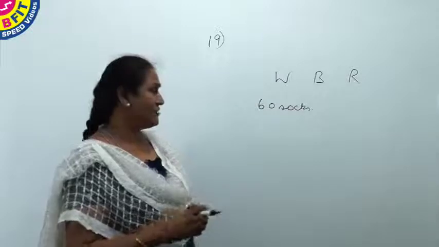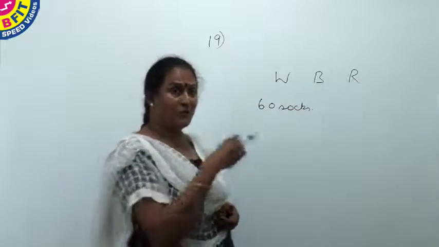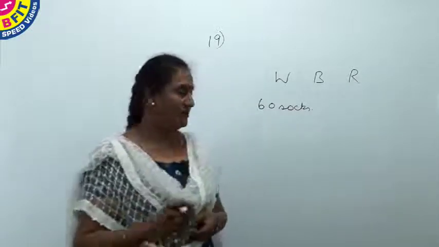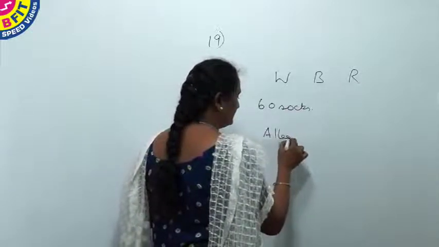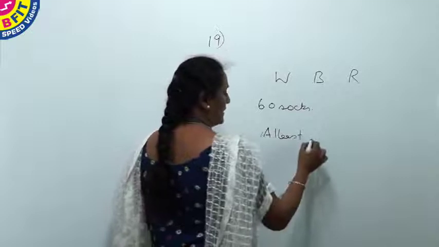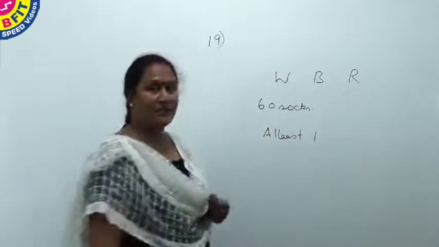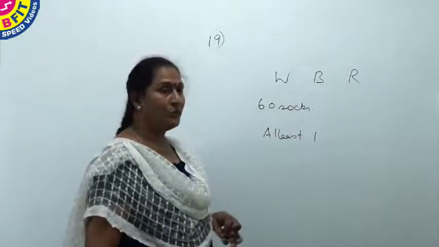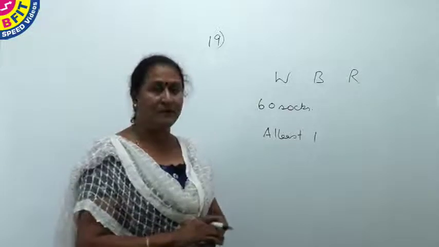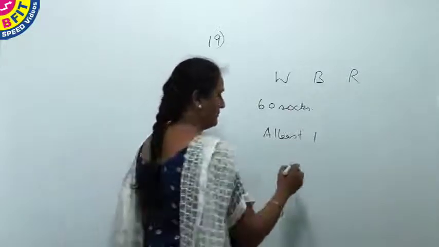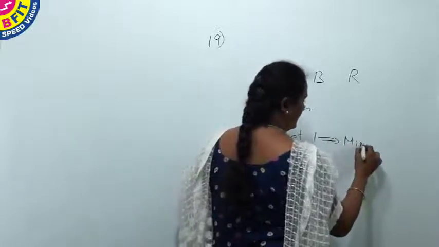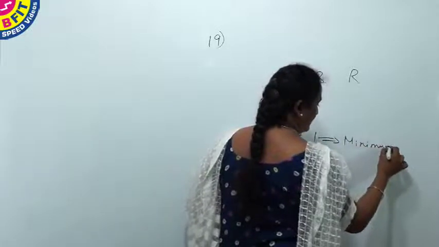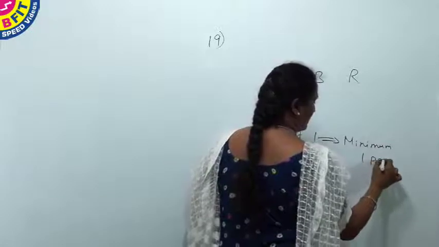We are asked to find how many draws one should make to get at least one pair. When they say at least one, it means the minimum is 1. You can get more than 1 also, but the minimum should be 1. So here, minimum 1 pair.